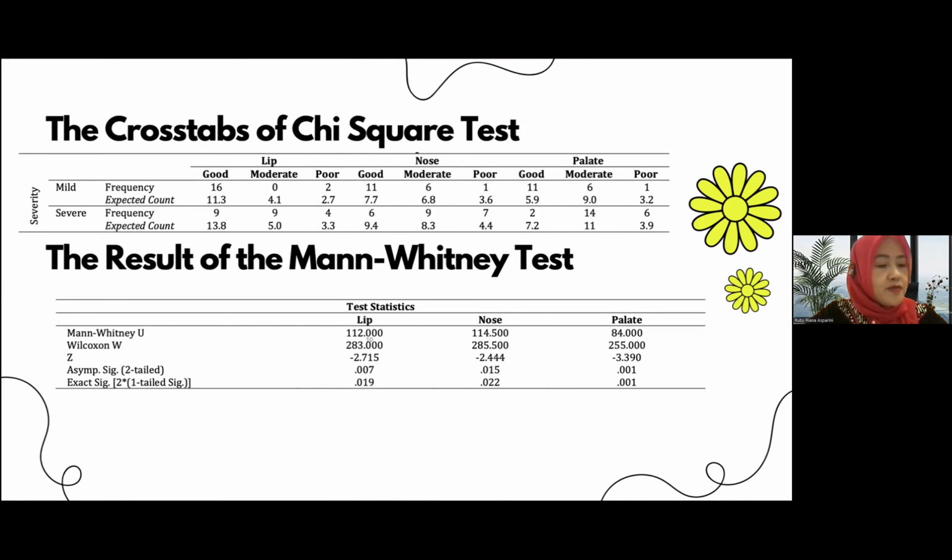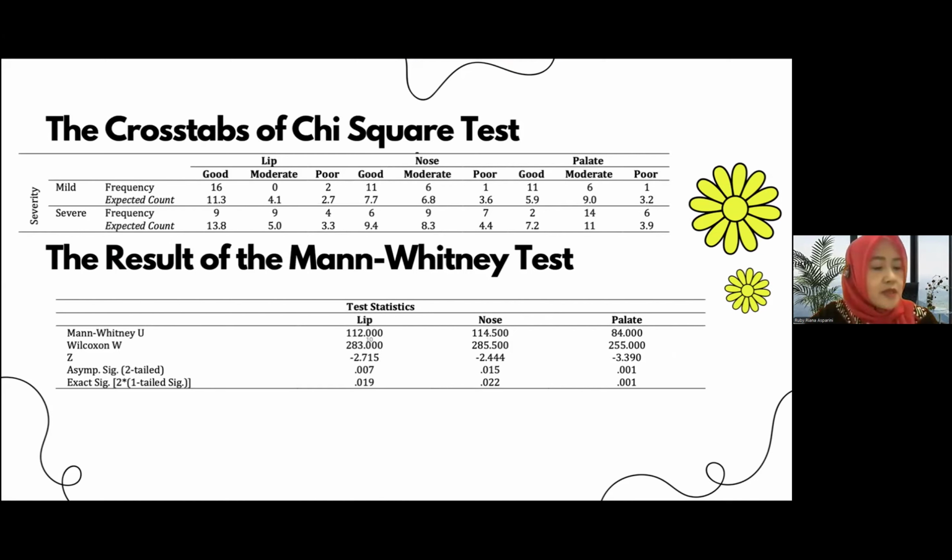The initial step involved conducting a chi-square correlation test to investigate the connection between the severity level of unilateral cleft lip and palate and the outcome of surgical procedure. Since the expected count value was greater than 20%, the analysis was continued with the non-parametric Mann-Whitney test.